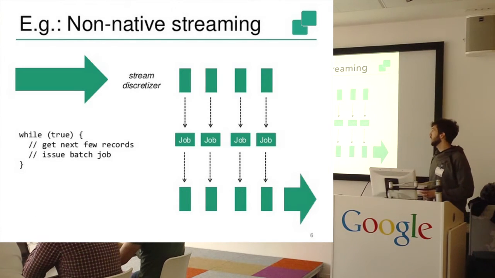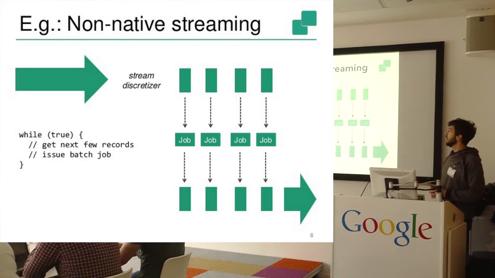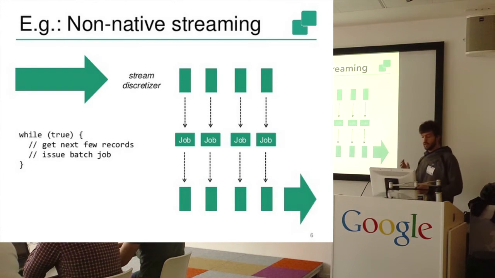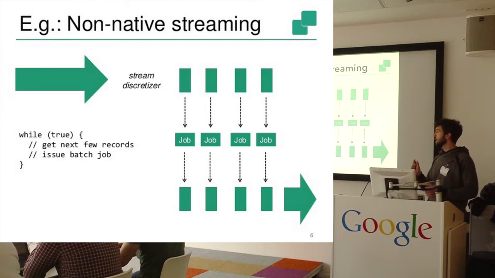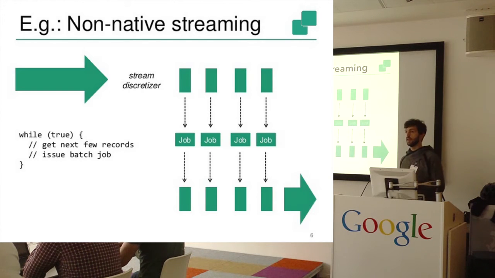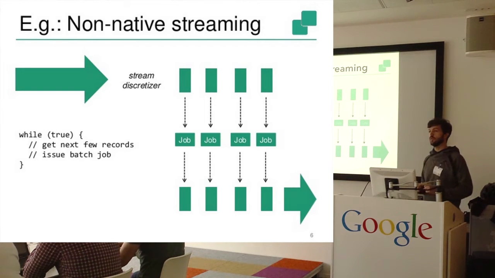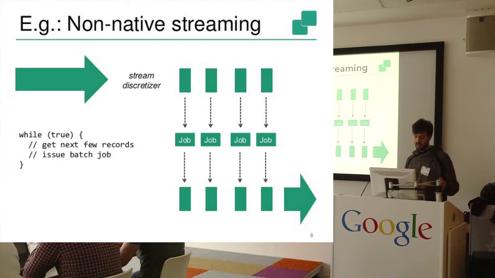Another example in the case of streaming would be to discretize a stream into little jobs and execute them one after another, so you have an emulated streaming behavior, but not native streaming. That might work for some use cases, but in Flink, this is natively supported, which can be quite useful.